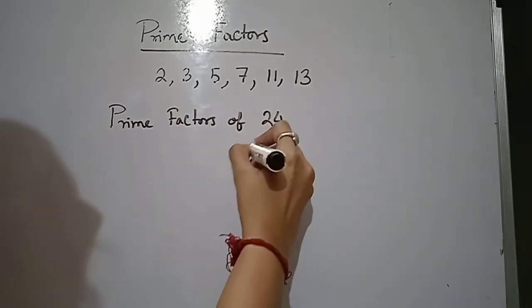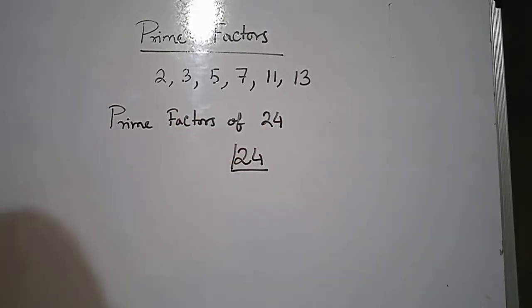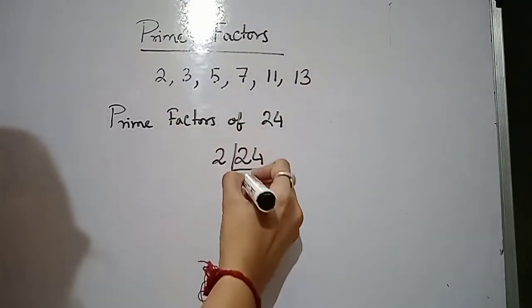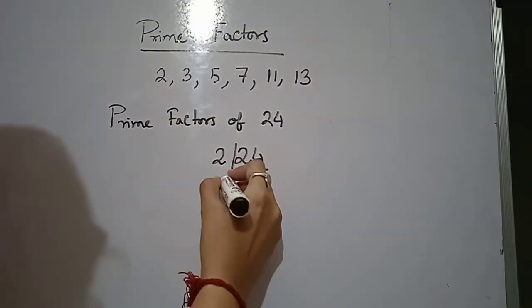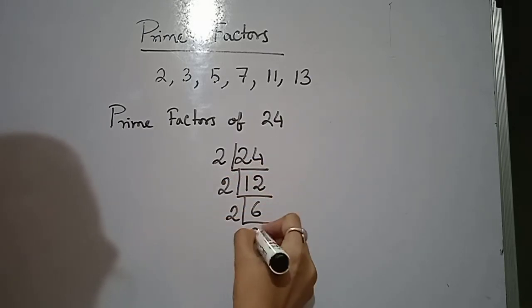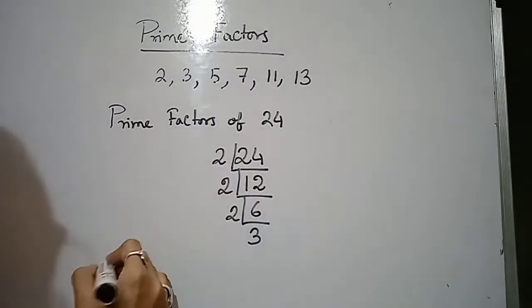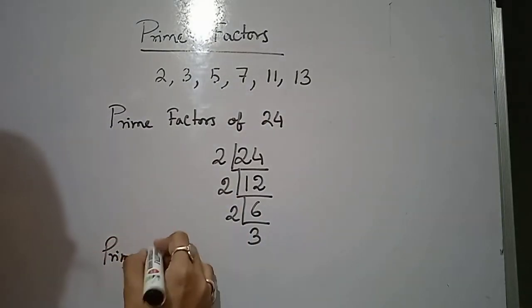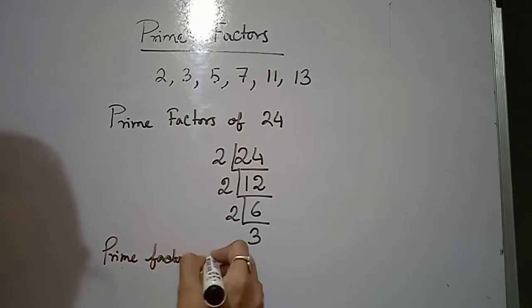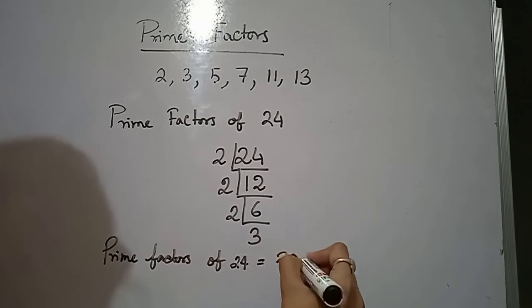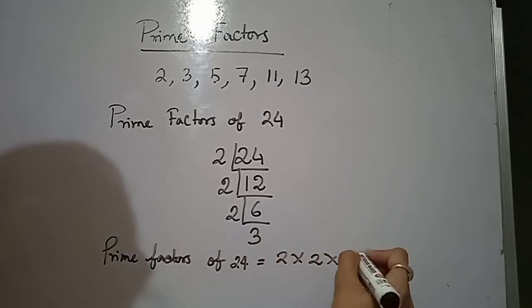We have to divide 24 by prime numbers. As we can see, I can divide it by 2, so that will be 12. Again I can divide it by 2, that will be 6, then 2 and 3. So the prime factors of 24 will be 2 into 2 into 2 into 3.